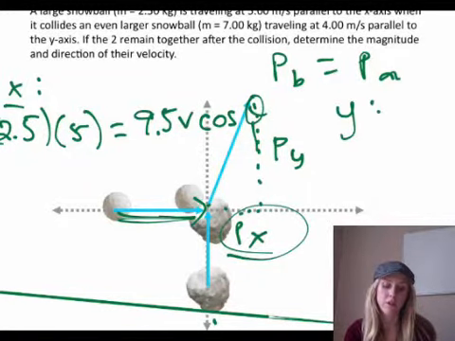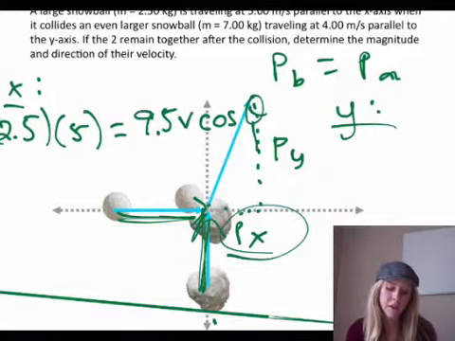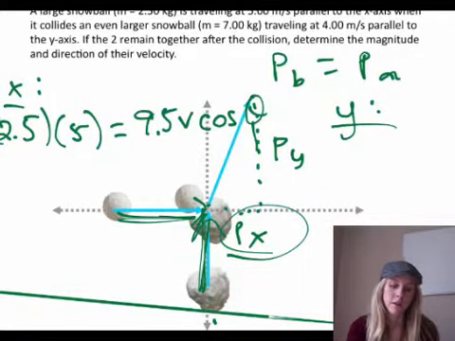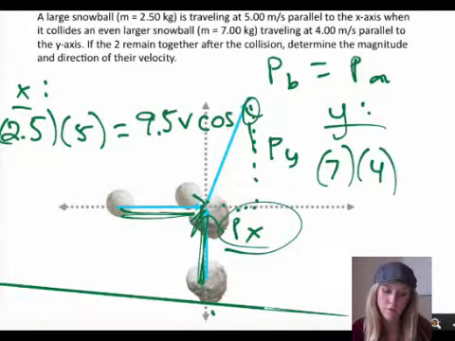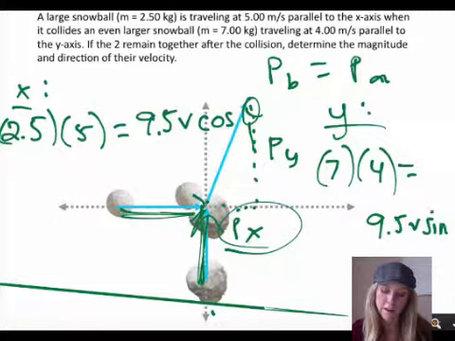That's in the x direction. Now in the y direction, very similar, now we only have this one involved. So we have 7 times 4 equals 9.5 v sine of the angle.